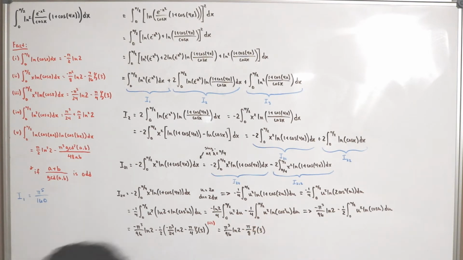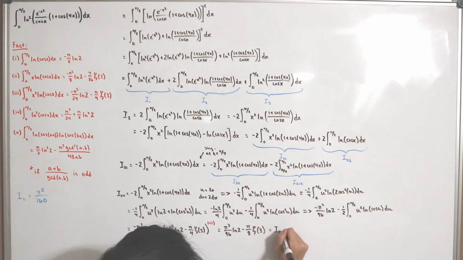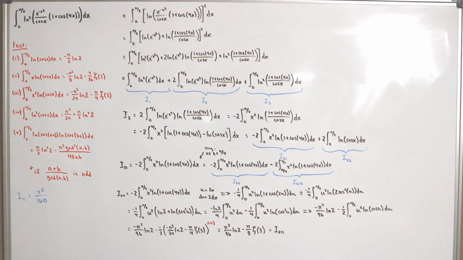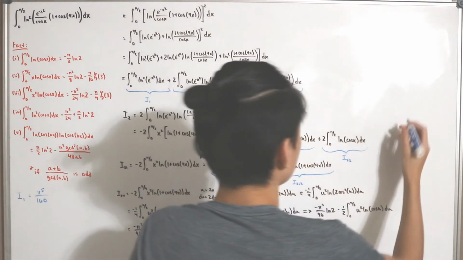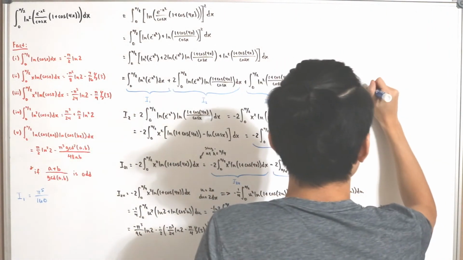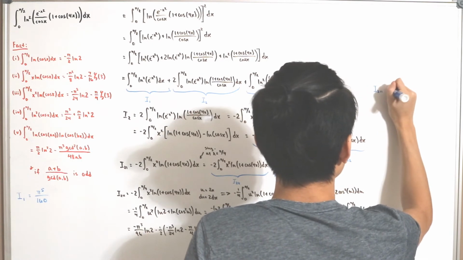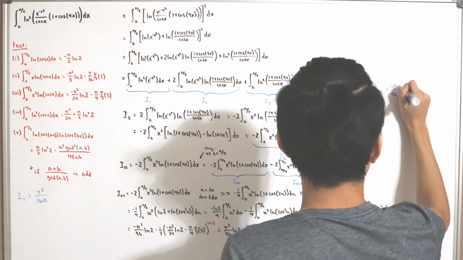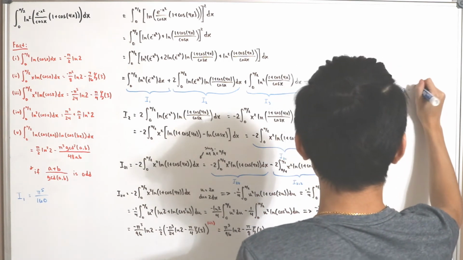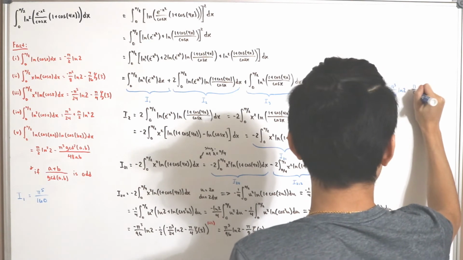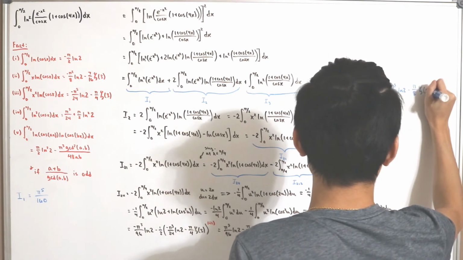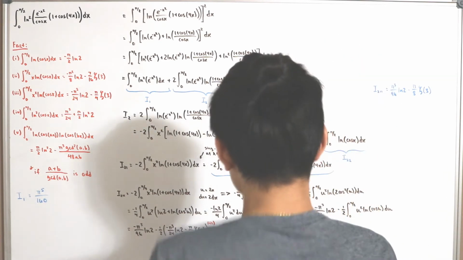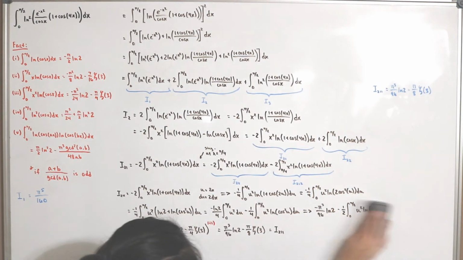So there you go, this is equal to our I sub 2 1 1. Okay, that's nice. Let me put our value for I sub 2 1 1 over here, you guys can see that. Yeah, so I sub 2 1 1 is equal to the following: pi cubed divided by 96 ln of 2 minus pi over 8 multiplied by the Apéry constant, Riemann zeta of 3. Okay, cool. So that's a big check for that.